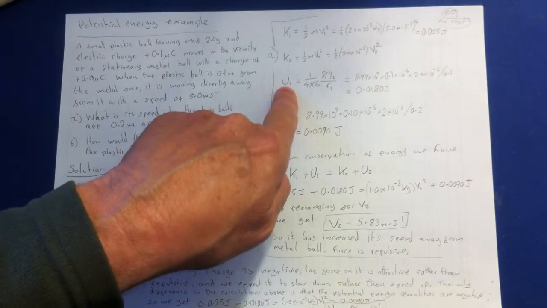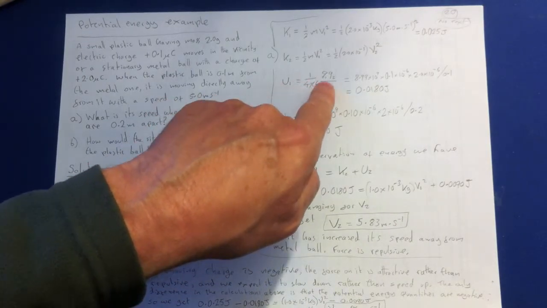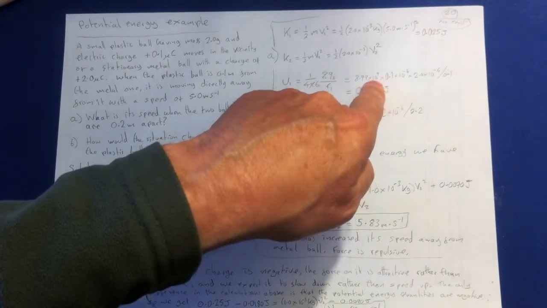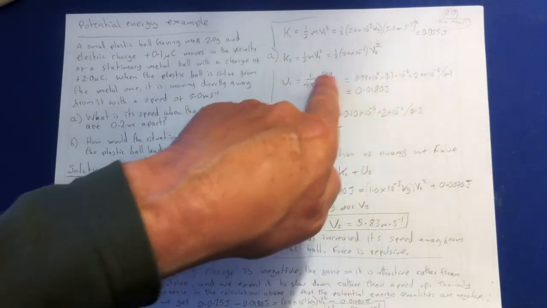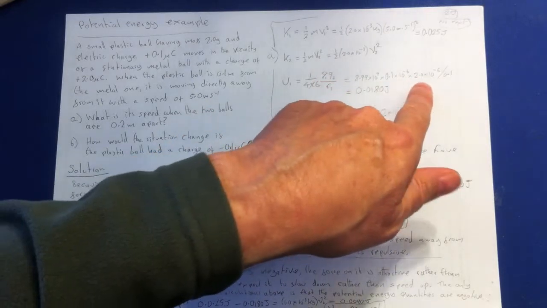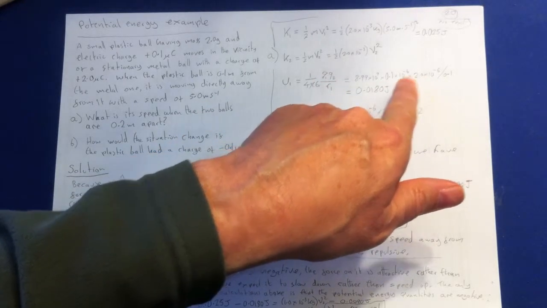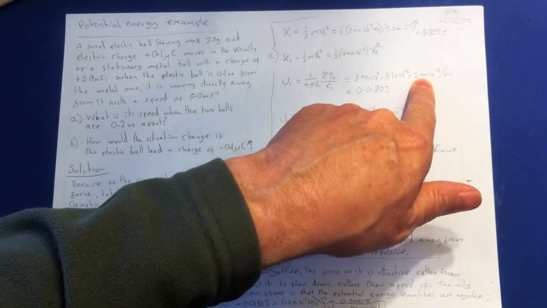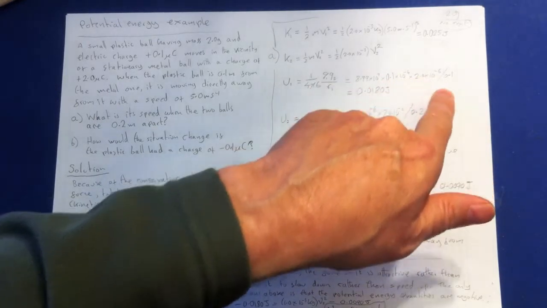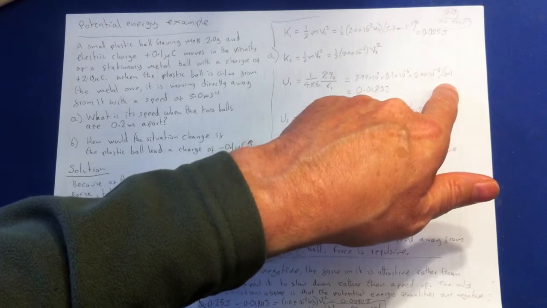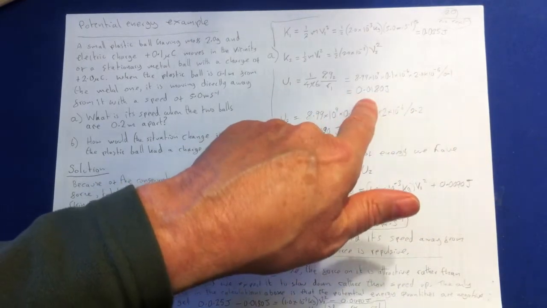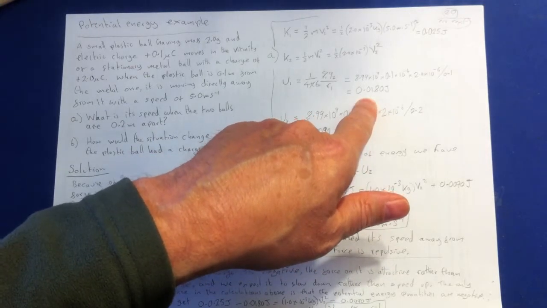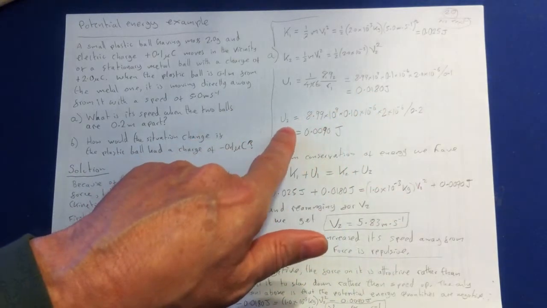The initial potential energy is 1 over 4 pi epsilon naught, which gives us this number, and then Q1 and Q2, which we're given: 0.1 microcoulombs and 2 microcoulombs over the distance. The initial distance is 0.1, so the initial potential energy is 0.018 joules.